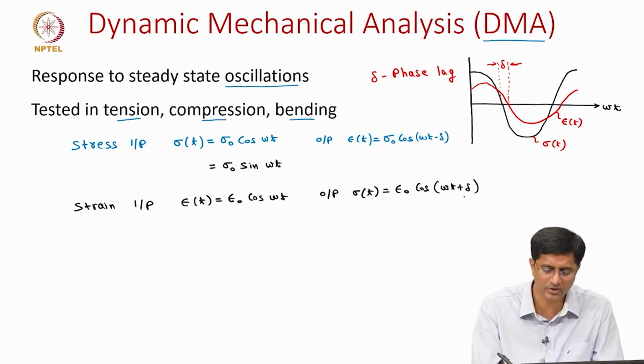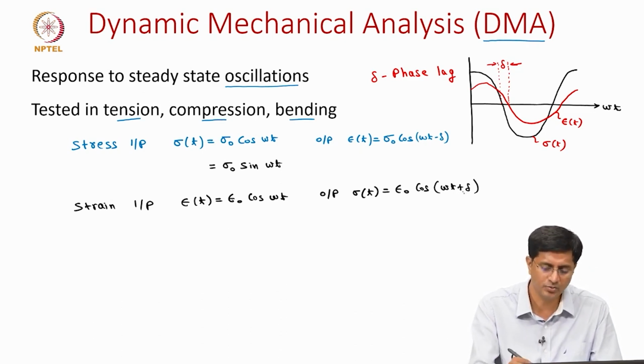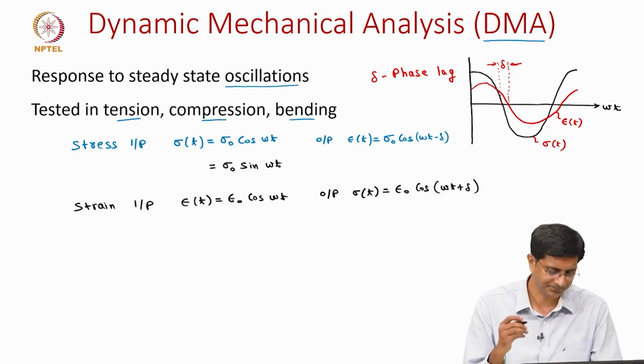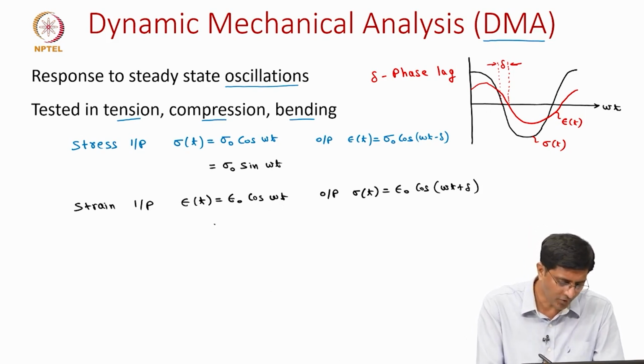Here too we are saying that there is a shift and that shift is delta. To be consistent we are writing it as plus delta, meaning that instead of lagging, it is ahead. The other possibility for the strain input is epsilon naught times sin omega t.